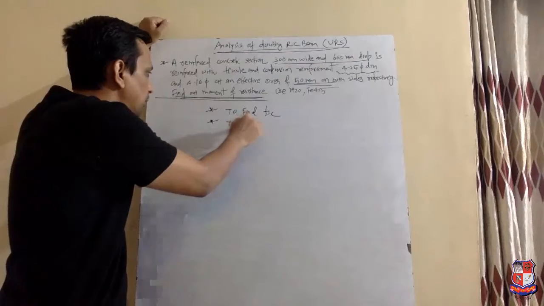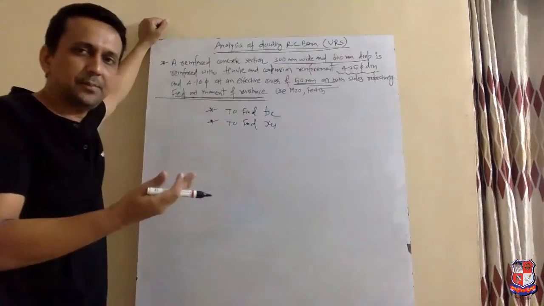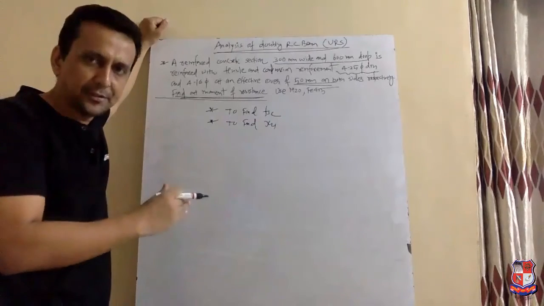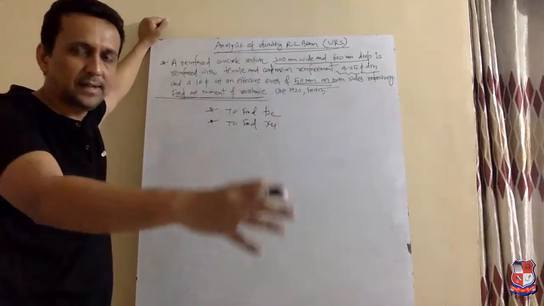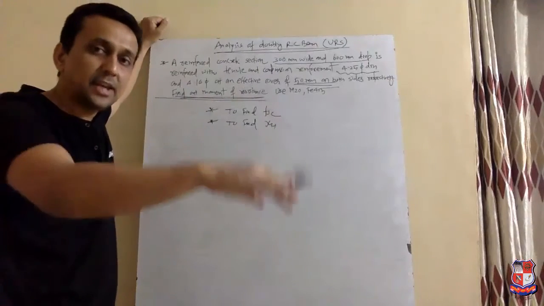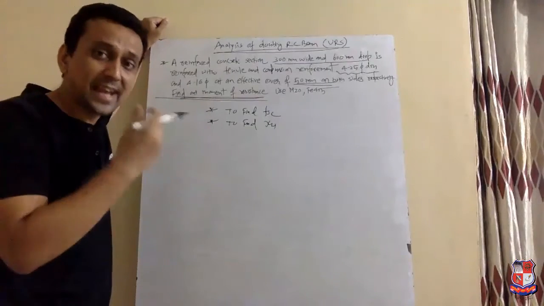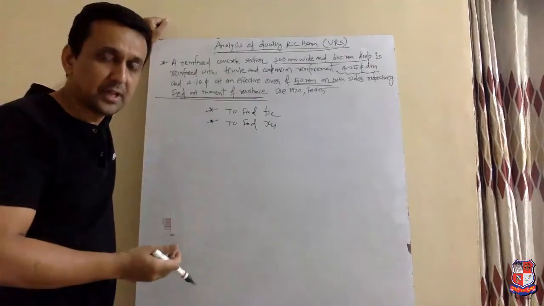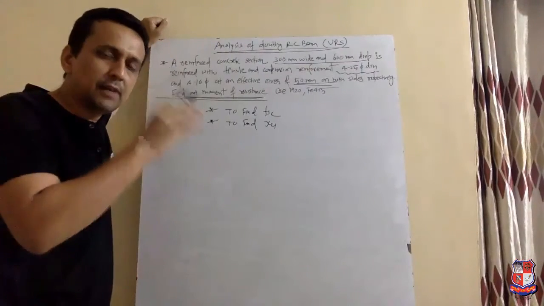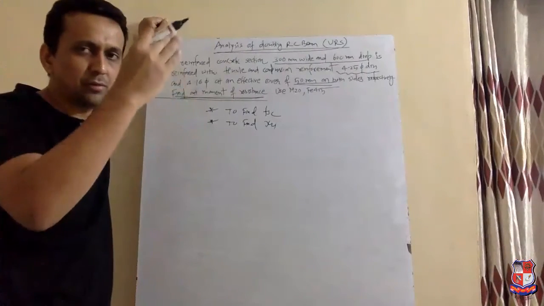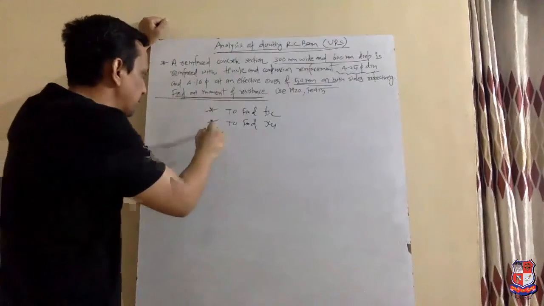Then to find the value of XU in WRC beam, you have to equate total compression equal to total tension. In the case of singly RC beam, the equation of XU is directly given in IS 456, but in WRC beam, you have to use the equation total compression equals total tension, and using that equation, you will get the value of XU.